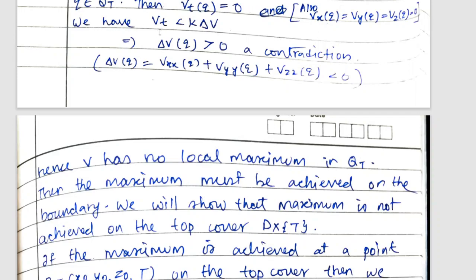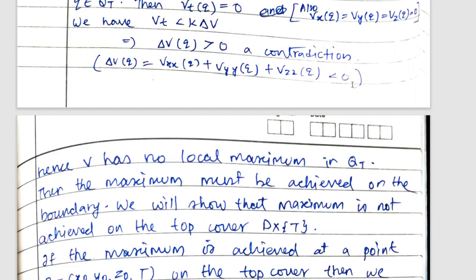But the given inequality is Vt minus k delta V less than 0, which implies Vt is less than k delta V. Now if Vt at q is 0, and we suppose that k is positive, it implies that delta V at q is greater than 0. Now delta V at q greater than 0 is a contradiction, because if it attains a maximum at q, then the second derivatives must be negative. So we must have Vxx plus Vyy plus Vzz at q less than 0. So here we got a contradiction.